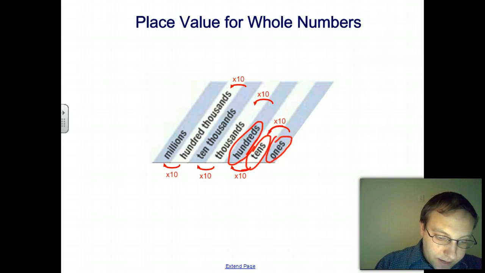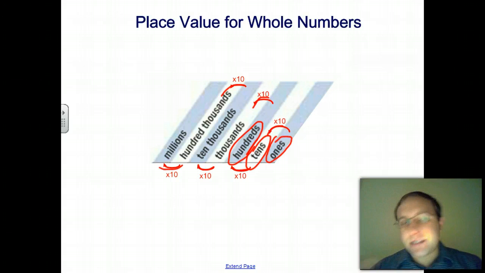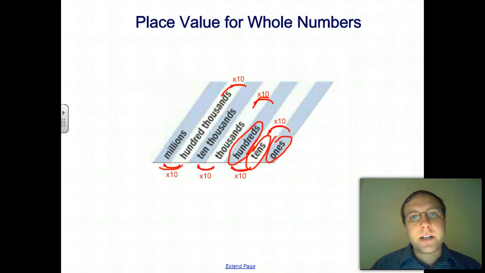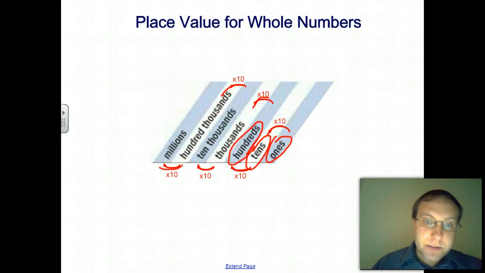And so it goes on up through 10,000s, 100,000s, millions, billions, trillions, as large as you want to go. Each new place value is always 10 times the place value before it.